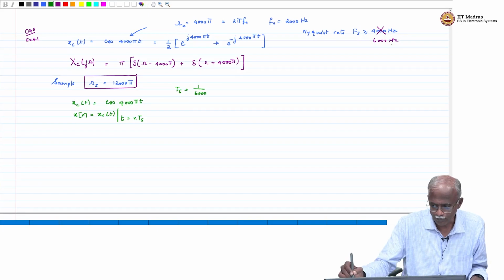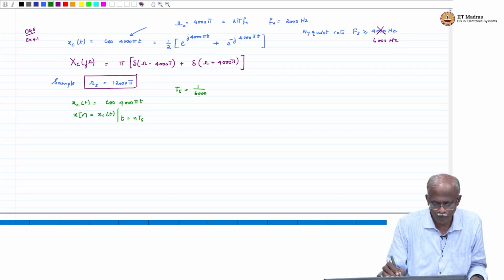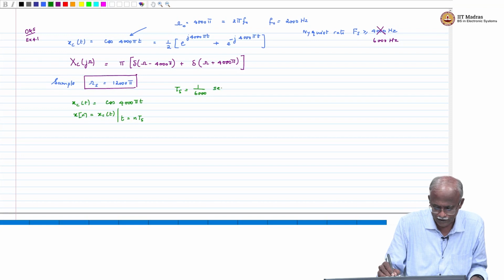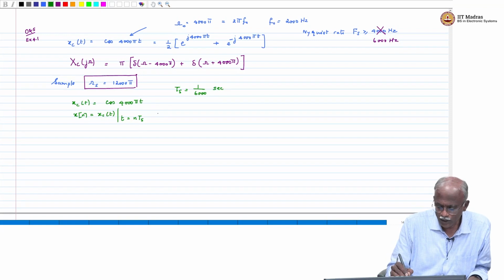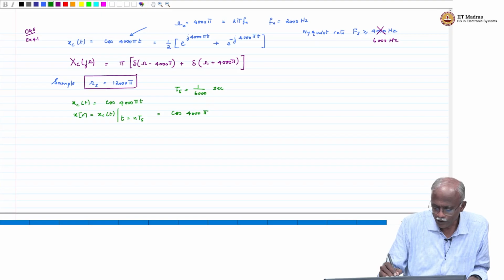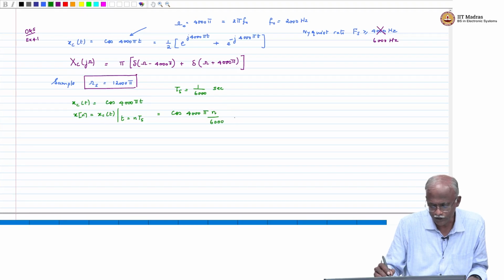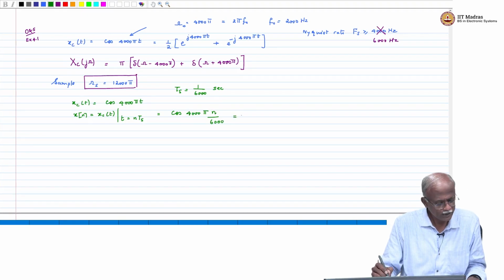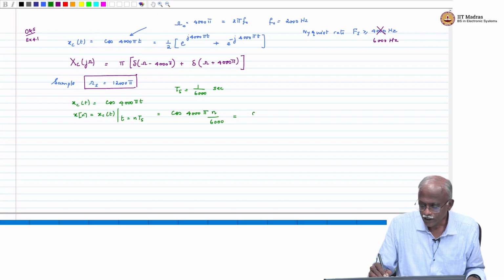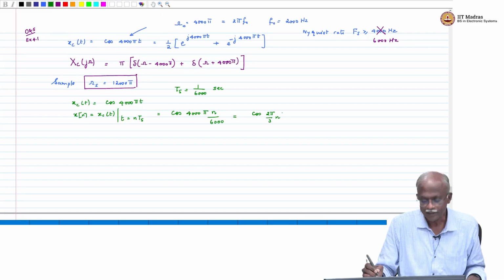Okay, the sampling frequency is 6,000 hertz, so Ts will be 1 over 6,000 seconds. So what does that come out to be? Cosine 4,000 pi, you are going to replace t with nTs, n times Ts, and Ts is 1 over 6,000. So this comes out to be cosine 2 pi by 3 n.